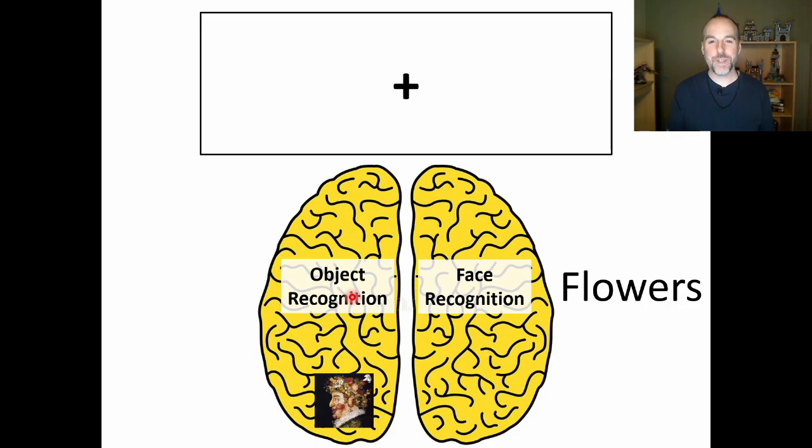So very interesting, the same visual information is uniquely processed by the two hemispheres. Now in a neurologically intact individual, even if that image went to just one hemisphere or the other, the corpus callosum would then share that visual information, and you or I, someone with an intact corpus callosum, would say, oh, I see a face, oh, and I see flowers. But Joe can only see one at a time.